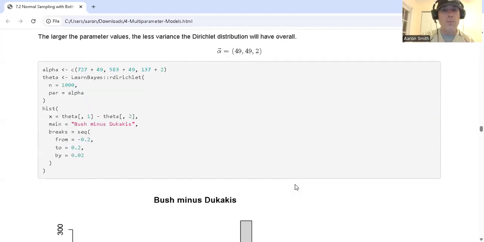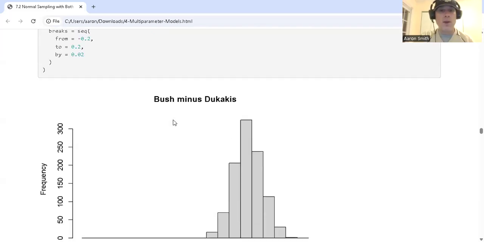Okay, so what I'm going to do, I'm going to take the parameter values that I have here, and I'm going to add them to the counts that I have for Republican, Democrat, and other. And now let's do my Bayesian statistics. Let's take a look at what we get.